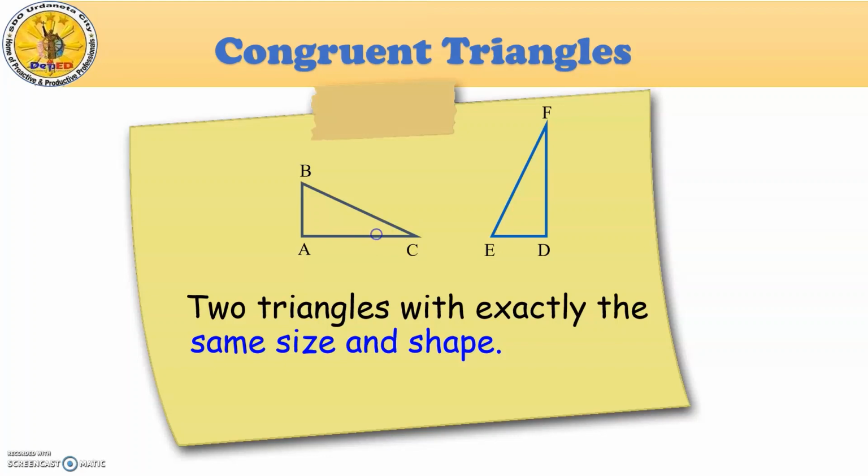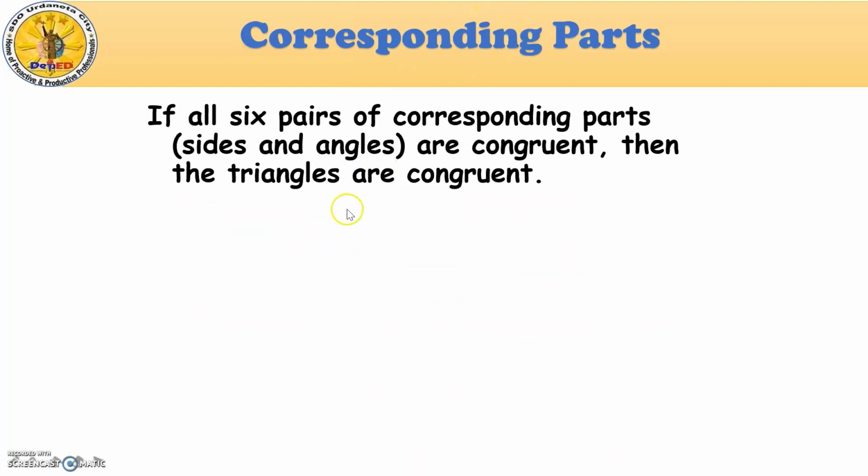Now, let's talk about corresponding parts. According to the definition, if all 6 pairs of corresponding parts, the 3 sides and 3 angles, are congruent, then the 2 triangles are also congruent.